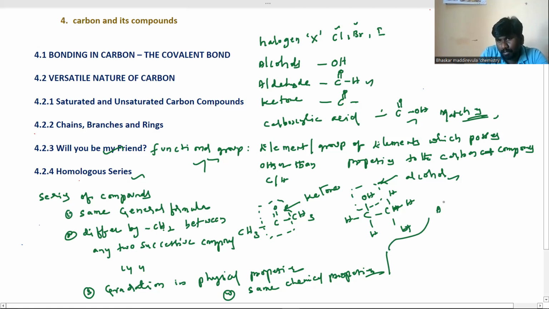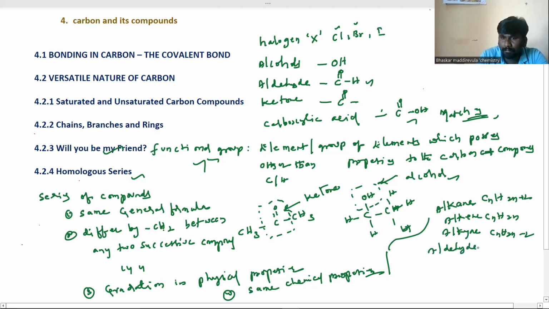Alkane general formula is CnH2n+2. Alkenes general formula is CnH2n. Alkyne general formula is CnH2n-2. Aldehydes and ketones general formula is CnH2nO.